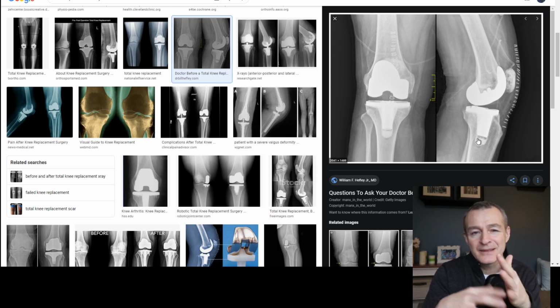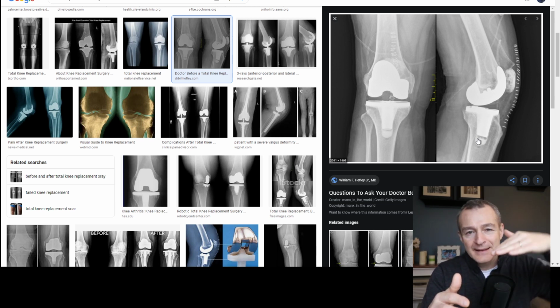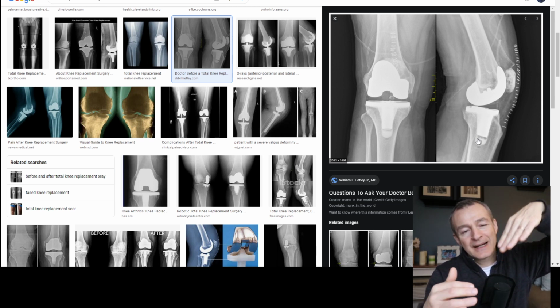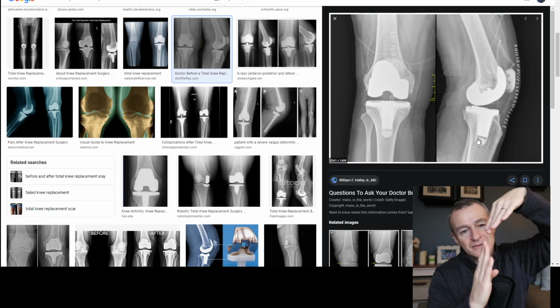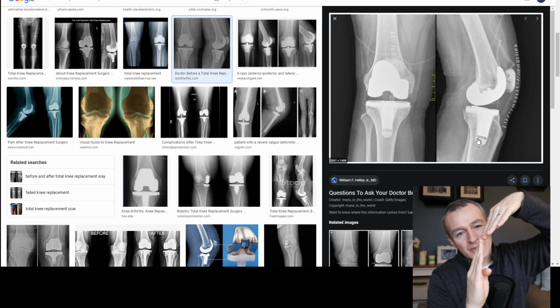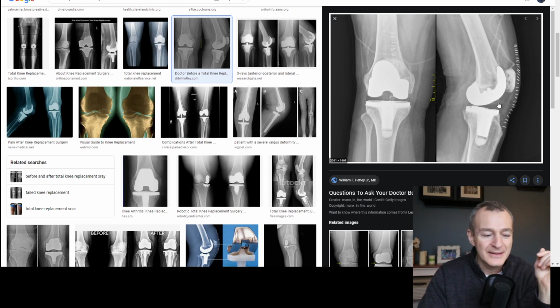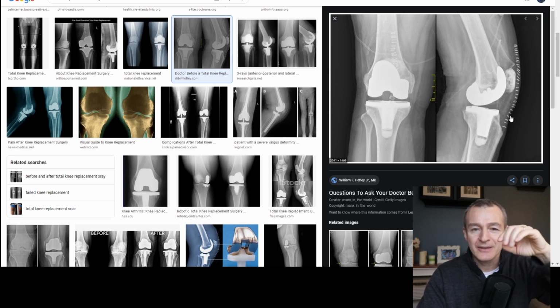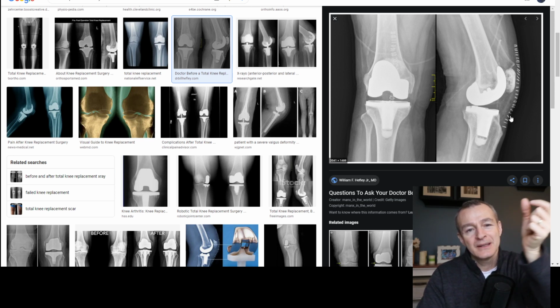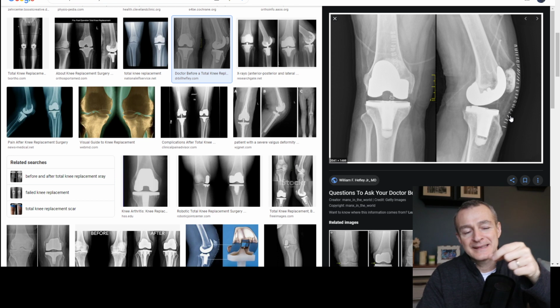Just imagine even 3 or 5 degrees shy of full extension. That femur, the bone on top, is at an angle relative to the tibia. So when you're standing, that femur is pushing down and forward, creating a lot of force right there at what we call the tibial plateau, where the patellar tendon comes down and attaches.